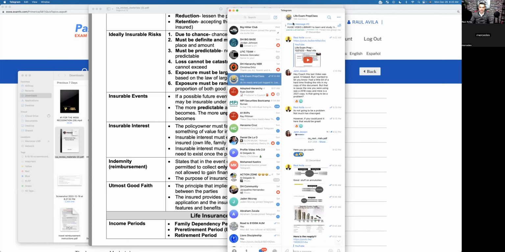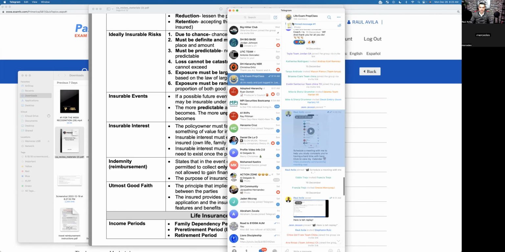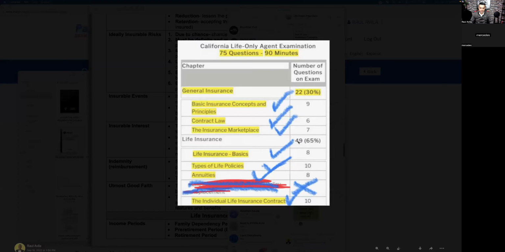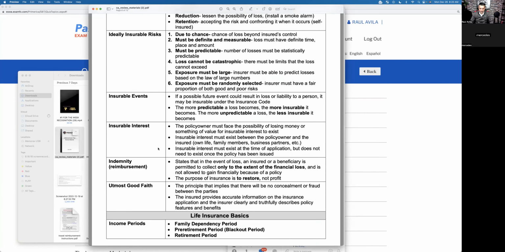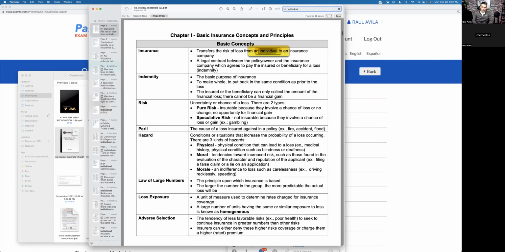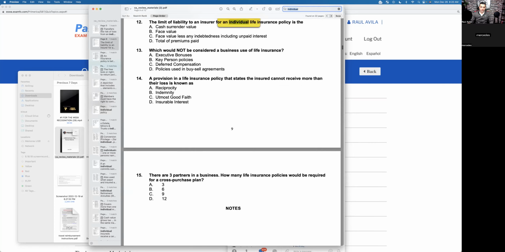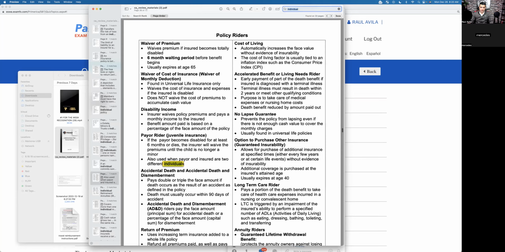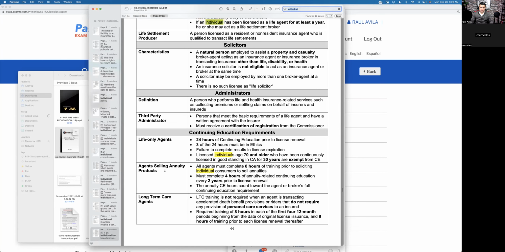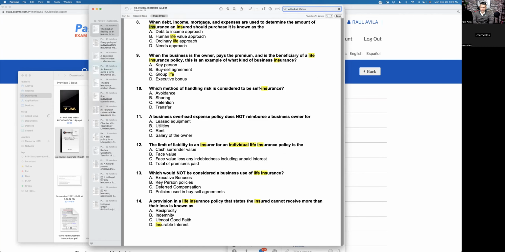Okay, go back, I forgot. Let me go back to the pinned message. Here it is: the individual life insurance contract. Okay, so let's do that. Individual life insurance contract. Where are you at? Oh gosh, that's too many individuals. Life insurance. Oh man, even worse.